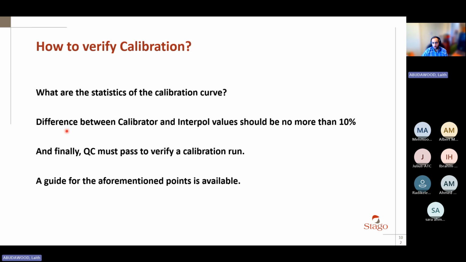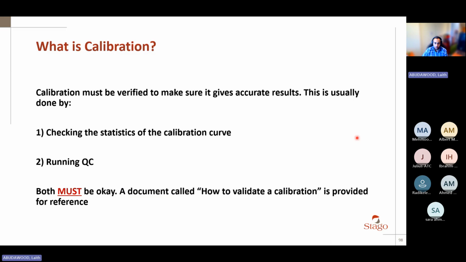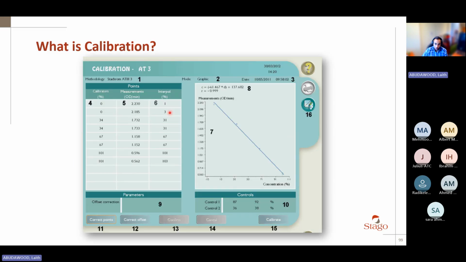And the point that I told you about the difference between interpolation and calibration, this 10% more or less comes from the experience of people in the field. So it's not an official recommendation, but it's a good thing to use as a rough measure of how things are behaving in my calibration, okay? So is 10% something officially from Stago? No, but it's a good rule of thumb that this interpolation value should not be more than 10% different from this.